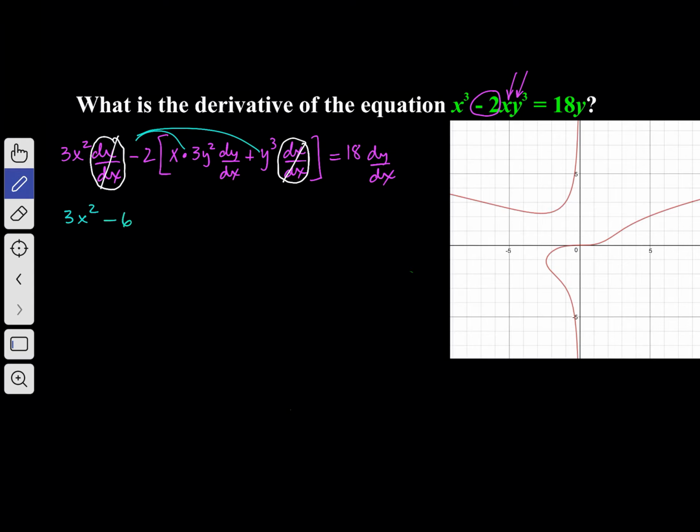And so that first one is going to be negative 6xy squared dy/dx. If I distribute negative 2 times 3xy squared, that's going to give me negative 6xy squared dy/dx. Now negative 2 times this one would give me negative 2y cubed and equals 18 dy/dx.